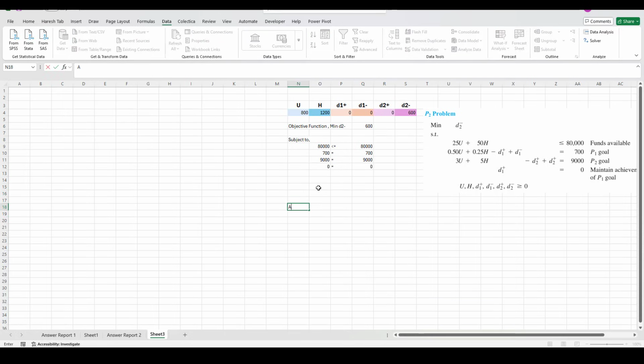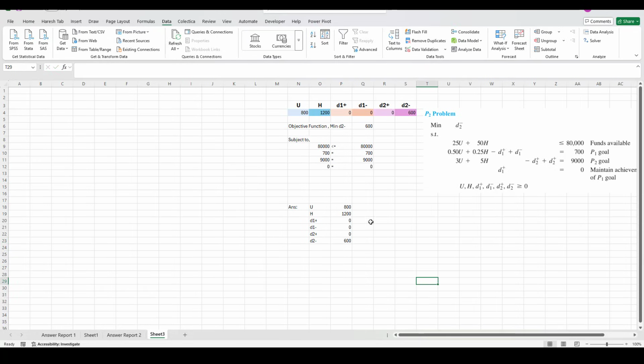The answer is, when I make u equal to 800, h is 1200, then d1 plus equal to 0, d1 minus will also be equal to 0, then d2 plus will be 0, and d2 minus will be 600.